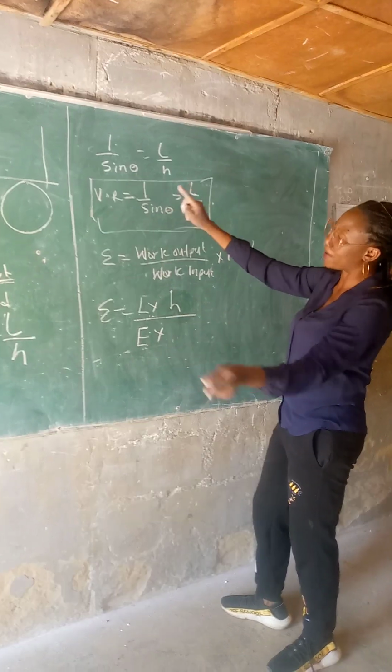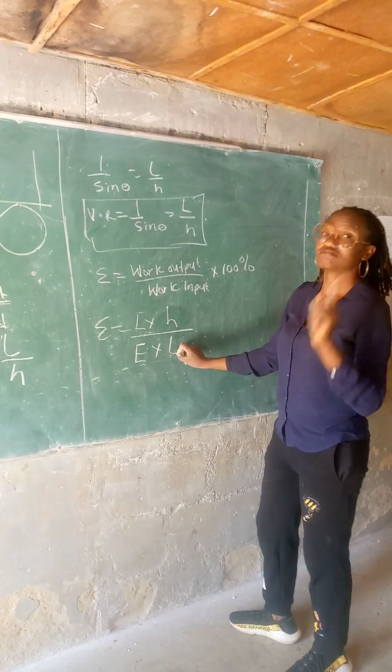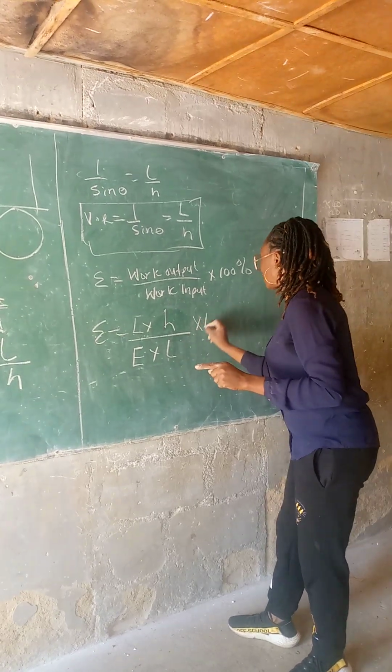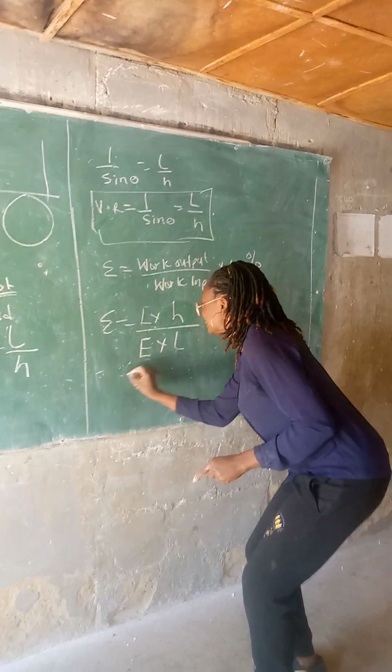The distance moved by effort is considered to be the length of the inclined plane, times 100%.